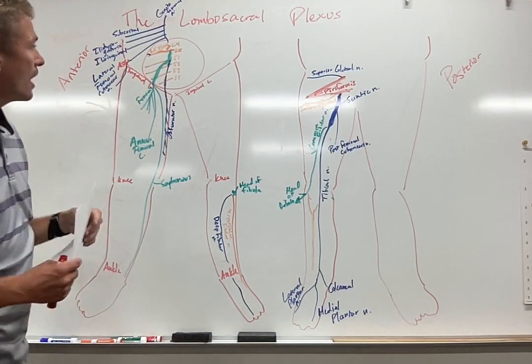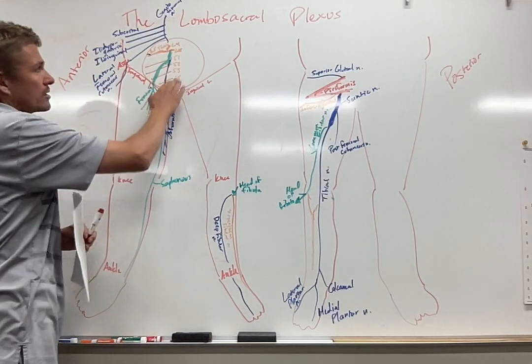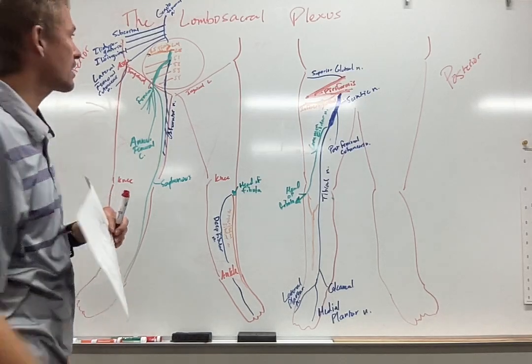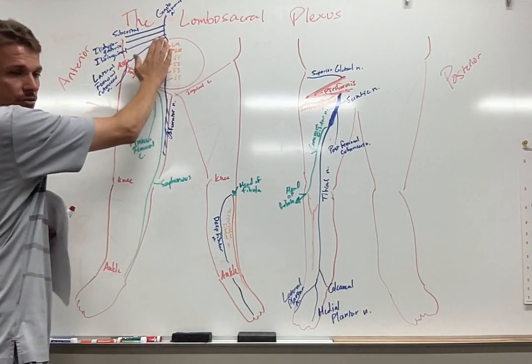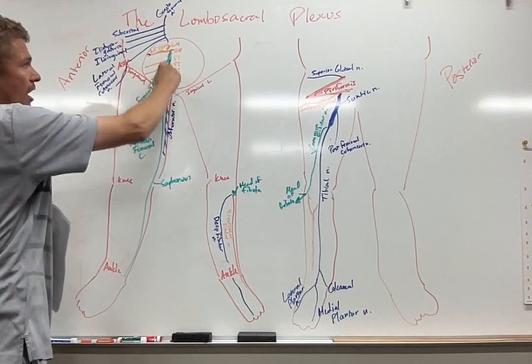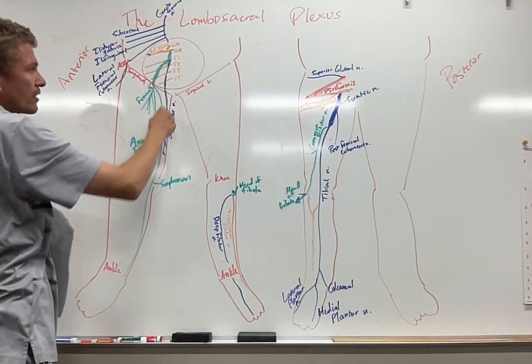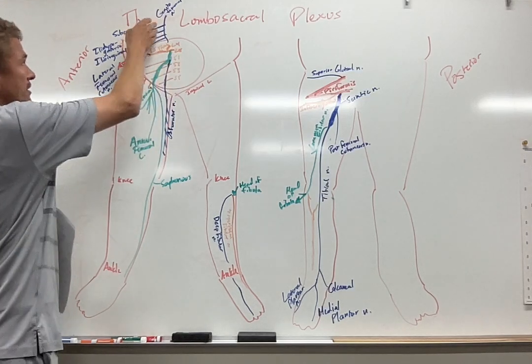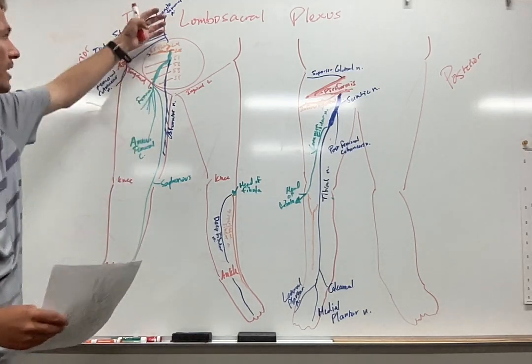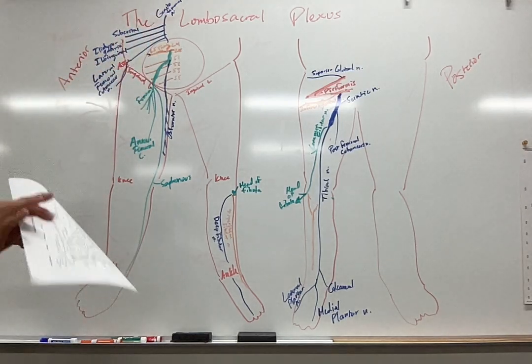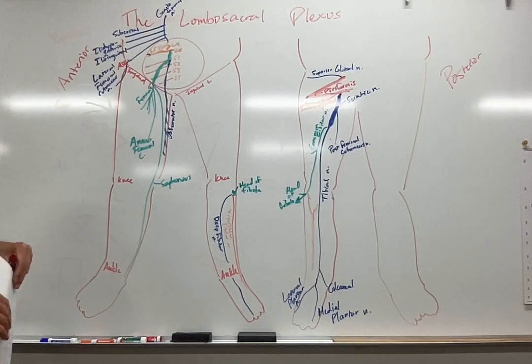Okay. Additionally, you'll see this on some videos and some images as we get into class. The psoas major is going to sit right here, coming off of the vertebral column, and so a lot of these, the femoral nerve here, the obturator nerve, some of these subcostals, we don't actually see those until they come out from underneath that psoas major, and I'll give you some visuals on that.